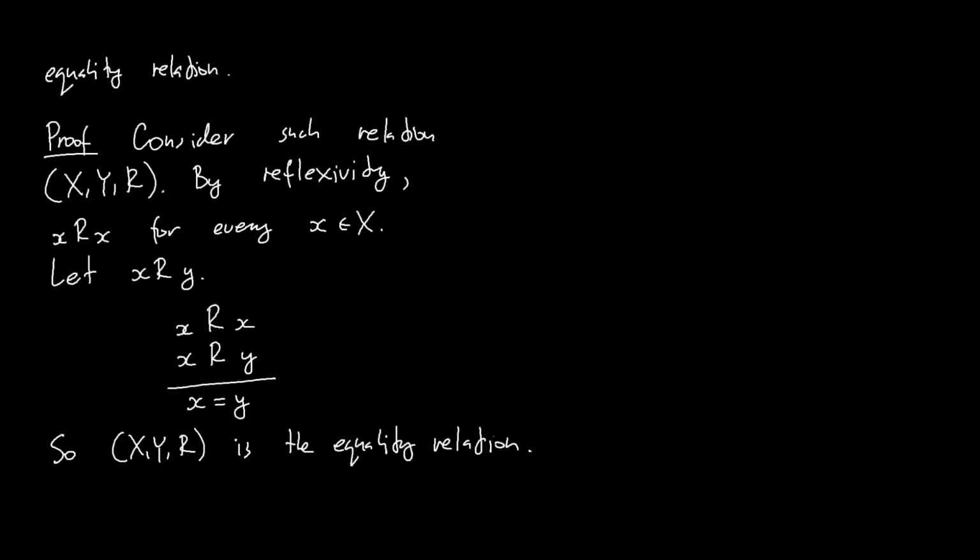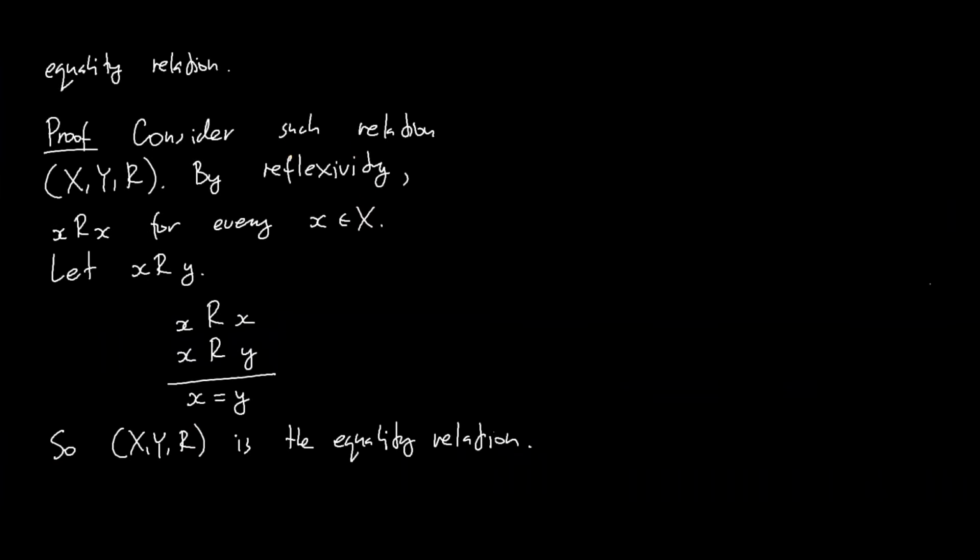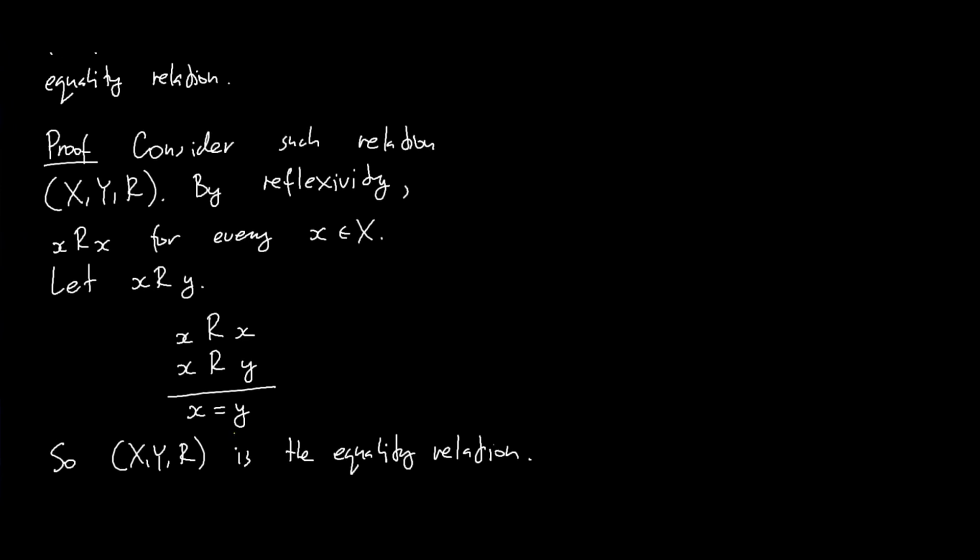I'm just checking that we didn't need to use symmetry here. So let's maybe go through this argument one more time carefully. So by reflexivity, we have this, and conversely, if two things are related, then we do have this by reflexivity. So then those two things must be the same. Yeah, so that proves what we want.